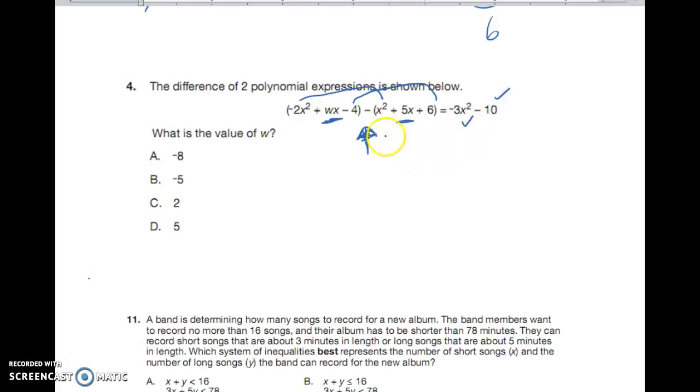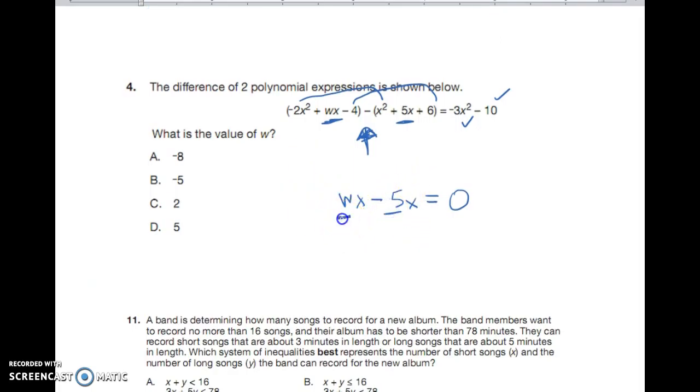Notice there's no x term. Because there's no x term, that means I'm looking at wx minus 5x equals 0. The coefficients have to cancel out. How do those coefficients cancel out? They can only cancel out if I have 5 minus 5.